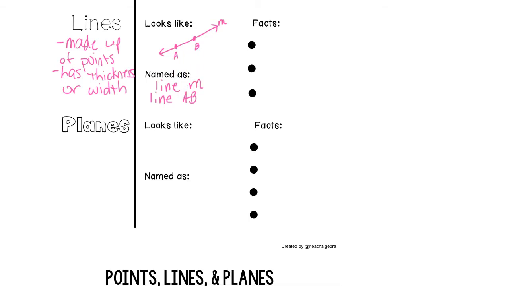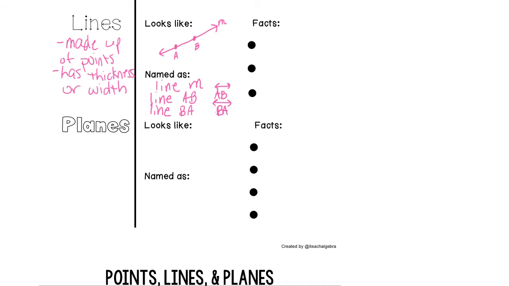We could abbreviate that AB with a line over it. The line's got to have arrows on each end. Or we could do the reverse of that and call it line BA and abbreviate it the same way. Oh, I really wrote that terribly. I'm so sorry. There we go.